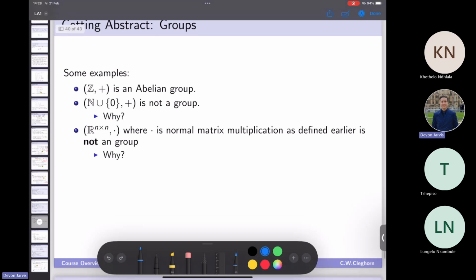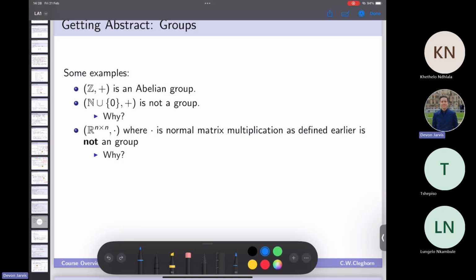Okay. Does anyone want to tell me why the natural numbers with 0 is not a group? There we go. It doesn't have an inverse. And then lastly, the set of n by n square matrices, where the dot product is the normal matrix multiplication as defined earlier in the lecture.